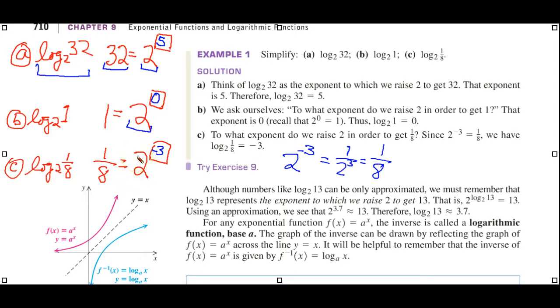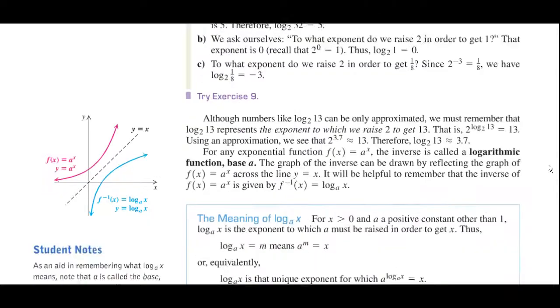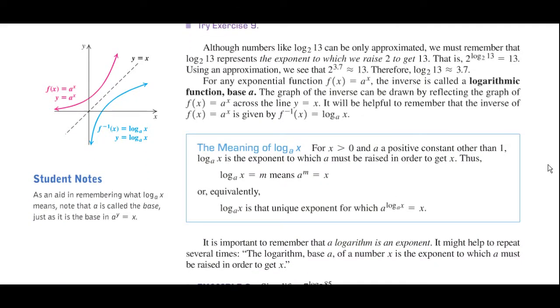Now, they do give us some other work where they're saying it's not always going to be a nice pure number, so to speak. So if we had something like this one, how would you set that up? Well, once again, we're going to say 13 is our result. We're going to have our base is 2.